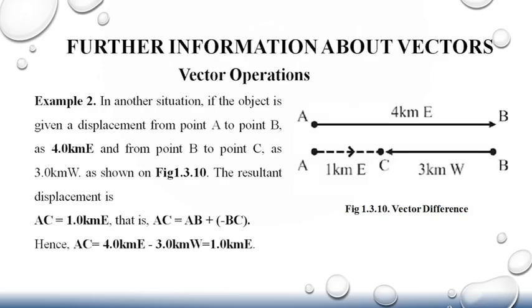That is, AC is equal to AB plus (minus BC). Notice the minus as being the opposite direction. Hence, AC is equal to 4 kilometers east minus 3.0 kilometers west, which will now boil down to 1 kilometer east, as shown in the diagram.